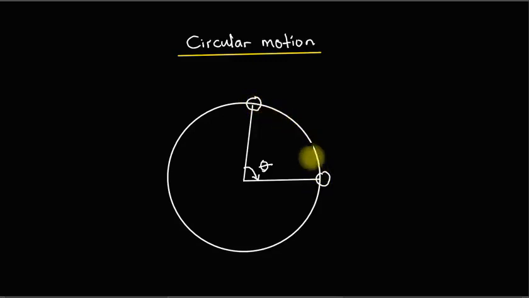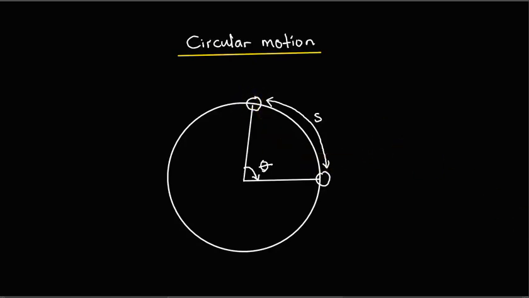The length along the circular path is represented by the letter S. That's the distance covered along the circular path. So this was the initial position, then the object moved here.